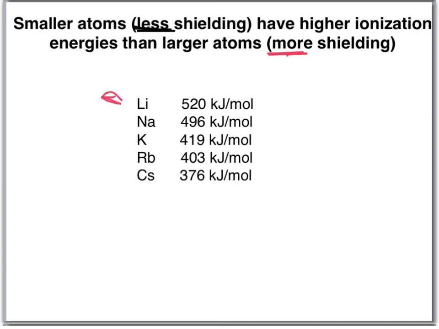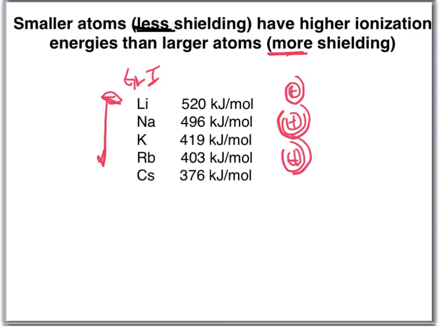Here is group 1. These are the alkali metals, at least from lithium down to cesium. That's about 5 of them, and you can see as we go down the group that ionization energies go down as the atoms get larger. Remember, lithium is the smallest one, and as we go down we just keep adding energy levels with each valence.